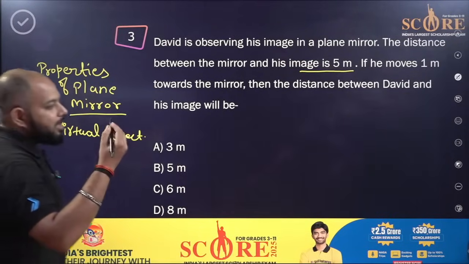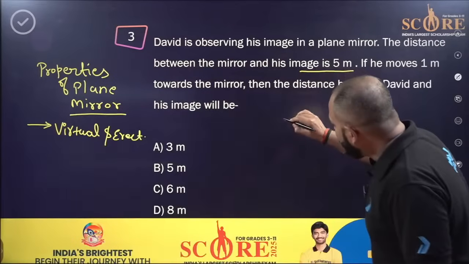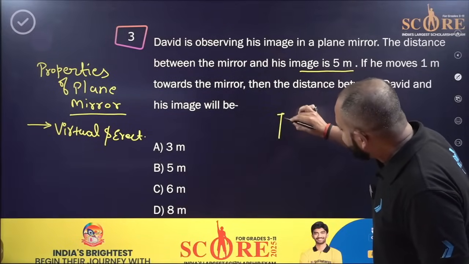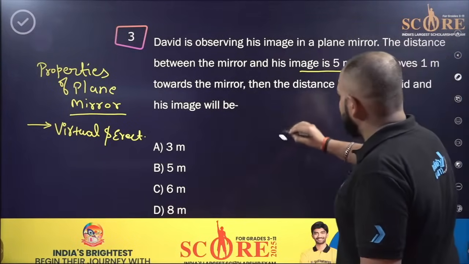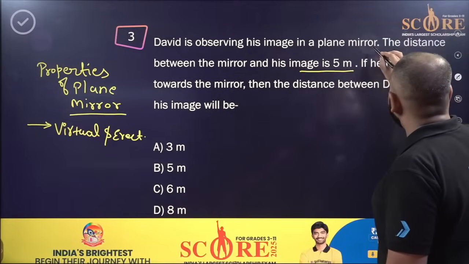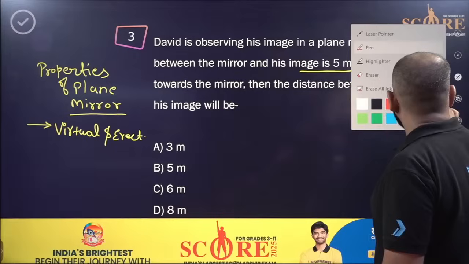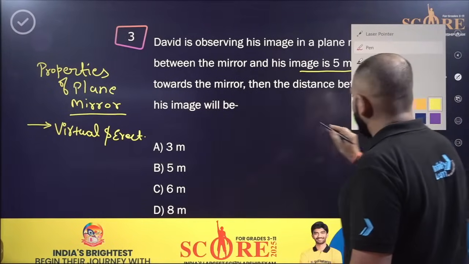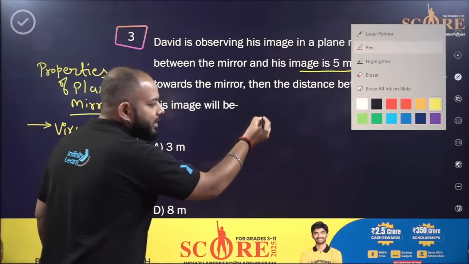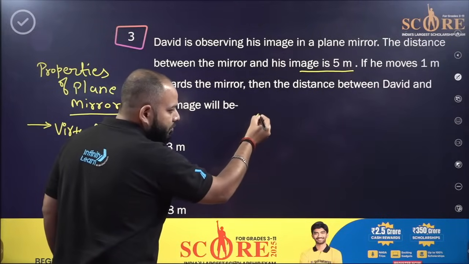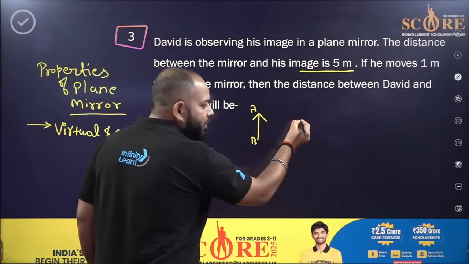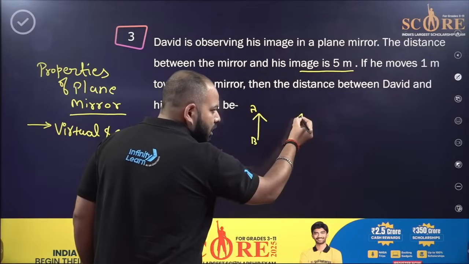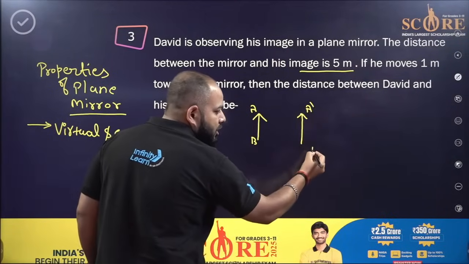Let me show you here. Suppose I have an extended object, A and B. Its image will be formed just like this, as A dash and B dash.